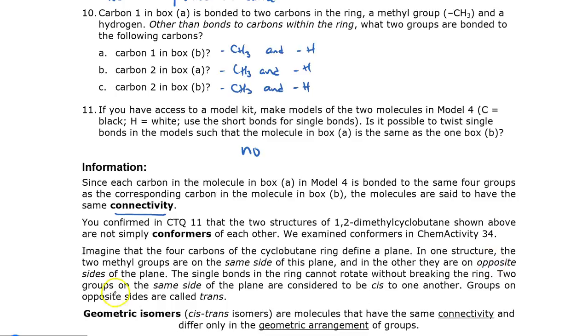According to this paragraph, if two groups are on the same side of the plane defined by the ring, that's considered to be cis. And if the groups are on opposite sides, that's considered to be trans.